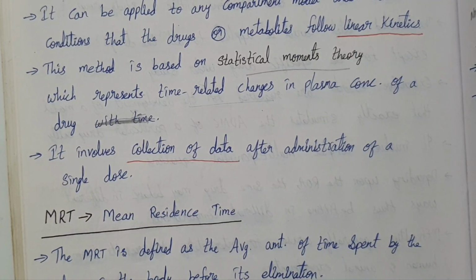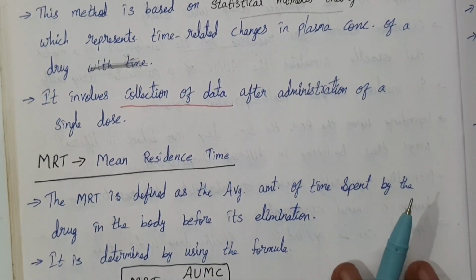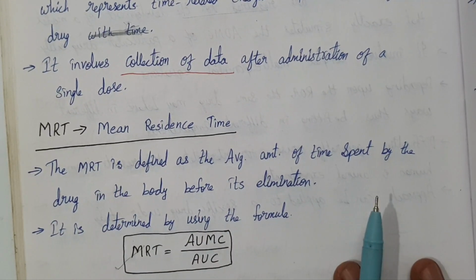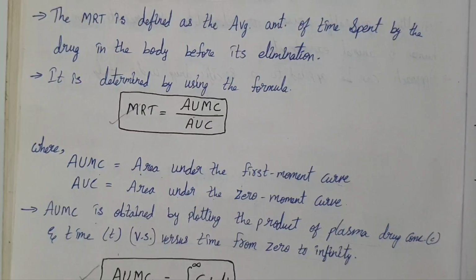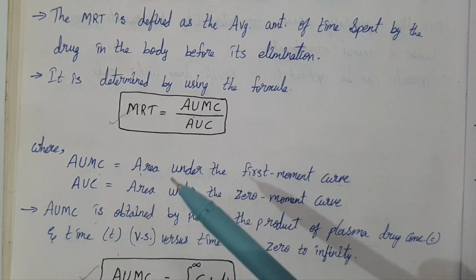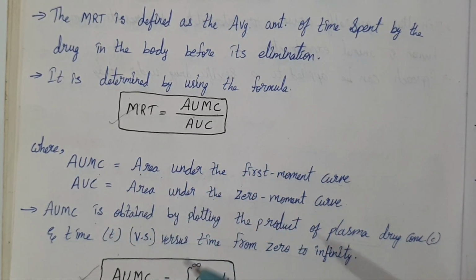Now let's understand the MRT, mean residence time. So the MRT tells us the average time a drug molecule spends in the body before it gets eliminated.